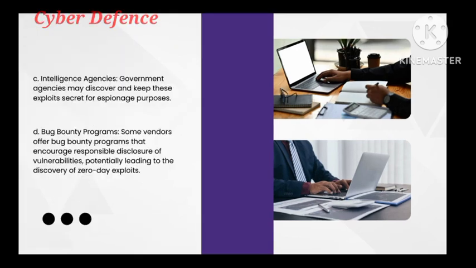C. Intelligence agencies: government agencies may discover and keep these exploits secret for espionage purposes. D. Bug bounty programs: some vendors offer bug bounty programs that encourage responsible disclosure of vulnerabilities, potentially leading to the discovery of zero-day exploits.